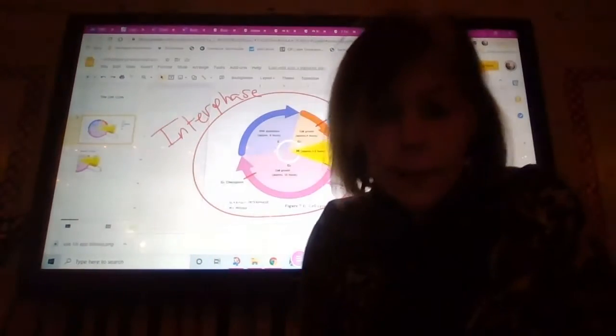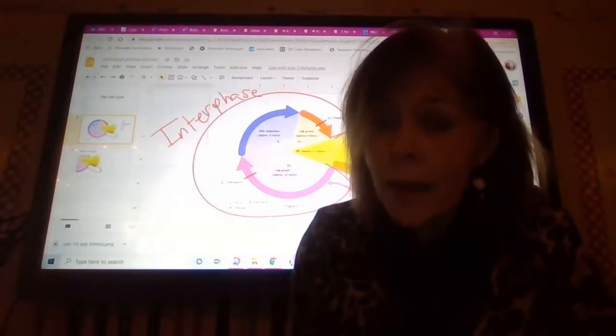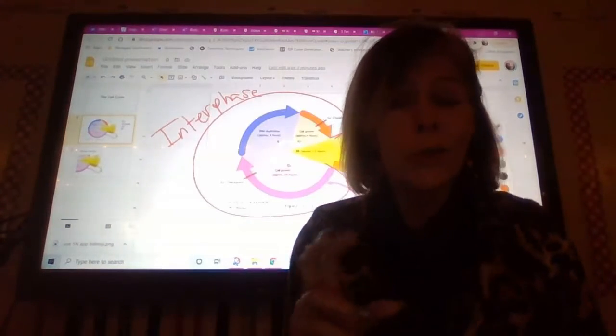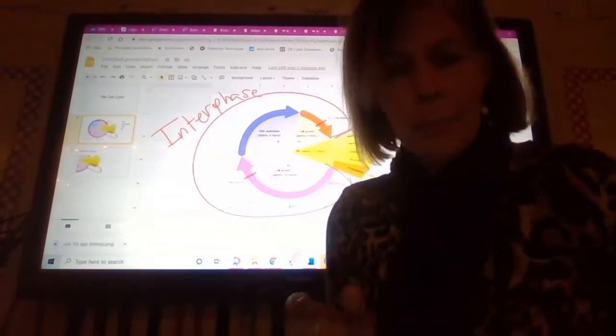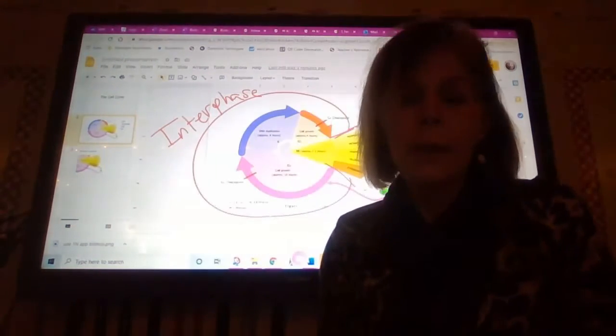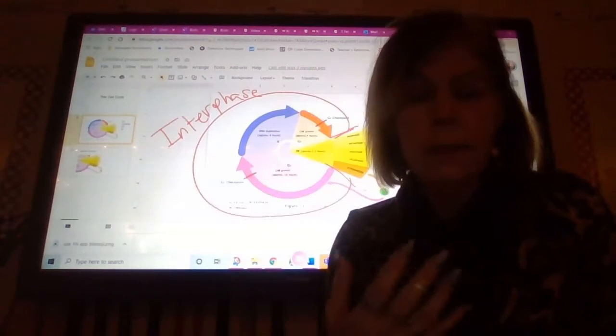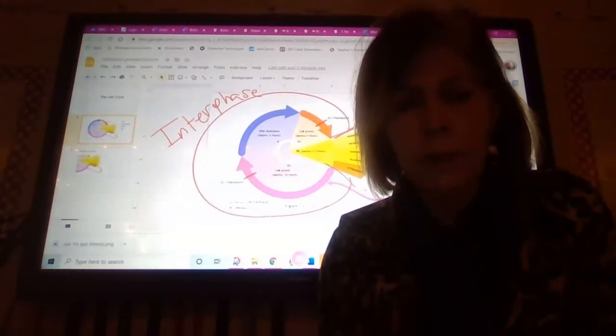And in interphase, a cell is being a cell. It's doing its job. Sometimes it may be considered resting, but that misleads you to think it's not doing anything. It depends where the cell is in your body or where it is in the organism's body to what it's doing.